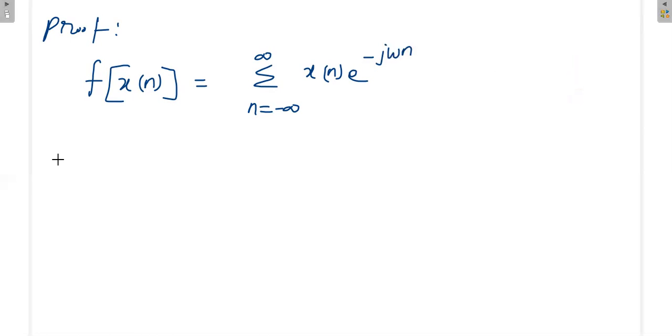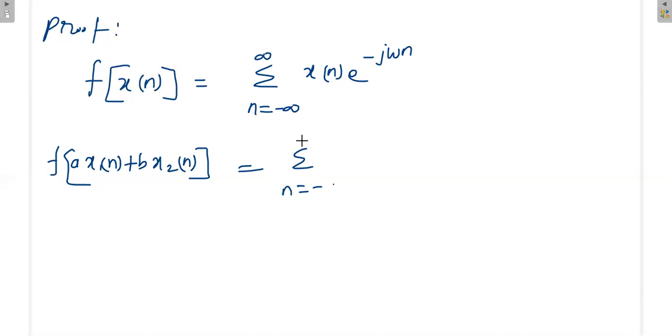Here we have the linear combination of signals, that is f of a x1 of n plus b x2 of n. In the summation n from minus infinity to plus infinity, instead of x of n we have this linear combination a x1 of n plus b x2 of n, multiplied with e power minus j omega n.